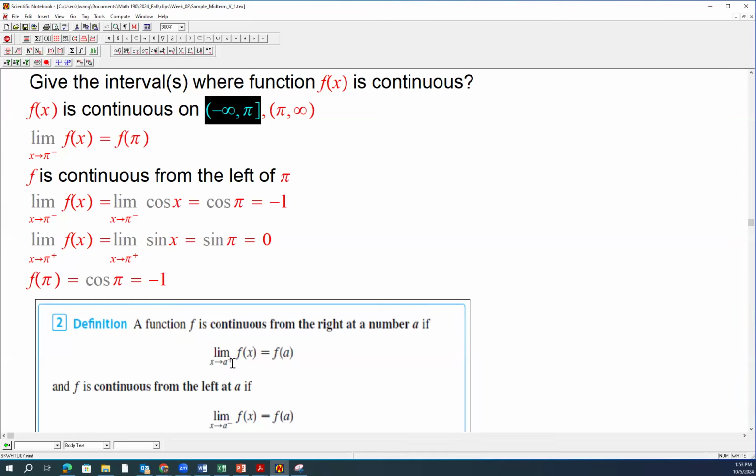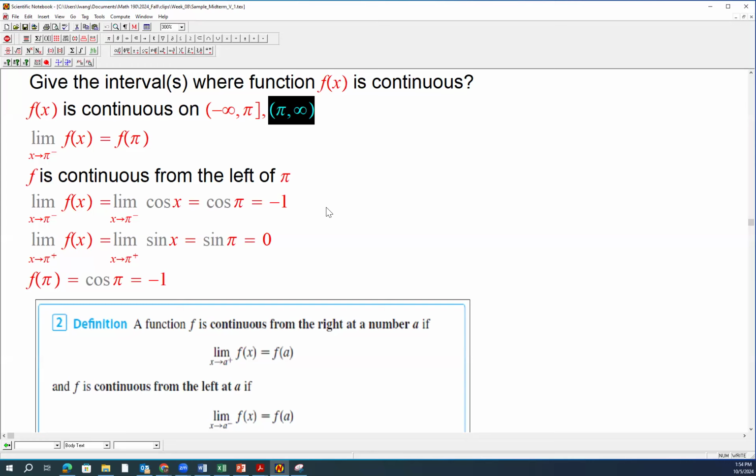This is right continuous and this is left continuous, right? This is left continuous, therefore it's continuous on this piece. Is this right continuous? Is it continuous at pi on this interval from the right?